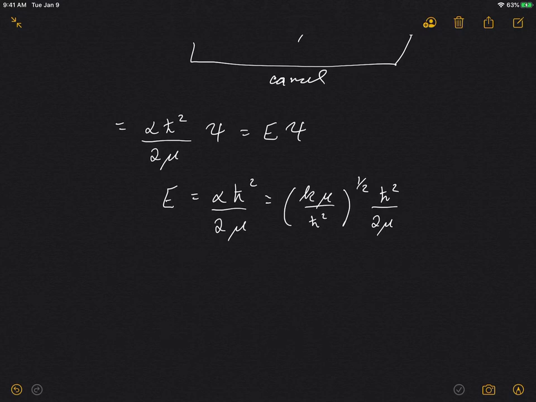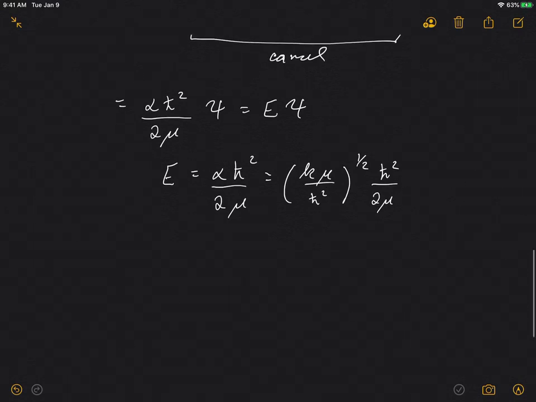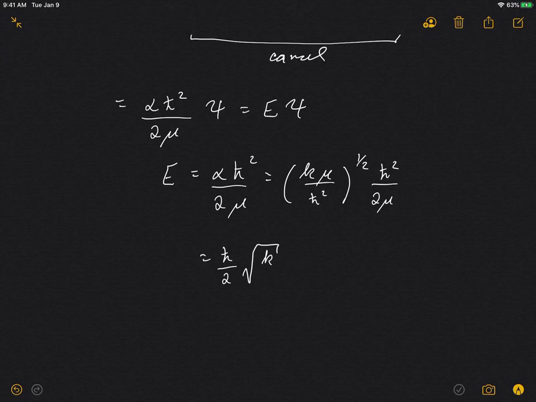We have a mu to the 1/2 in the denominator and a mu to the first power in the denominator, so that gives a square root of mu in the denominator. And we have h bar squared to the 1/2, so h bar in the denominator, and h bar squared in the numerator. Putting all that together, we end up with h bar over 2 square root of k over mu.